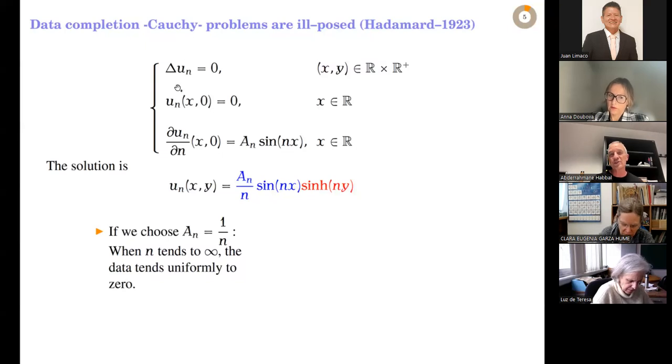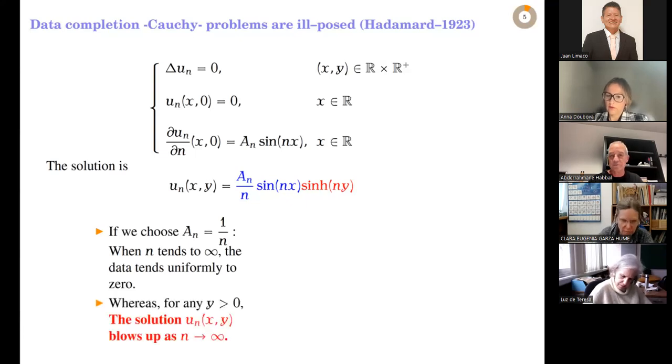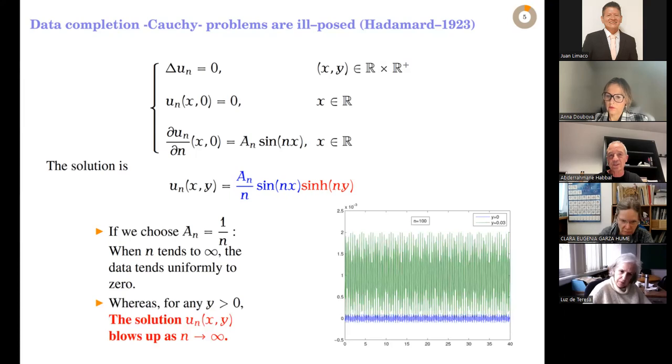So the solution for this limit is 0 everywhere, just u equal to 0 in all of R2. And indeed the solution with this term shows a blow up as soon as y is strictly positive, as is shown in this graphic. So we very severely do not converge to 0.